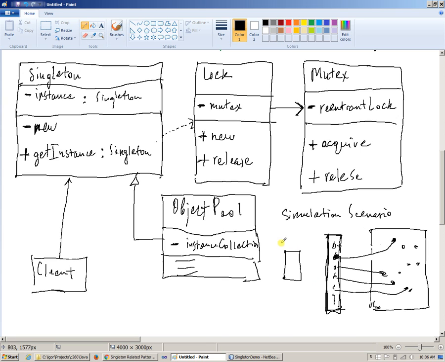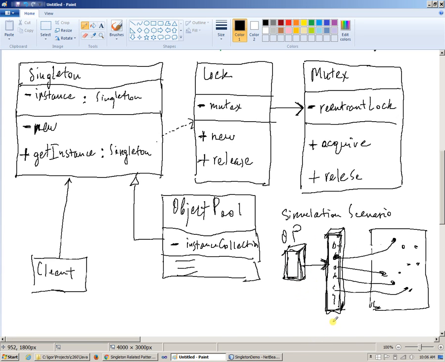And this is where you have this object pool, which essentially keeps a collection of references to certain objects. And like I said, the object pool itself relies on being a singleton, because to keep the object pool in memory as unique, you probably want to declare it as a singleton; the object pool has to be unique in the system as well, right?